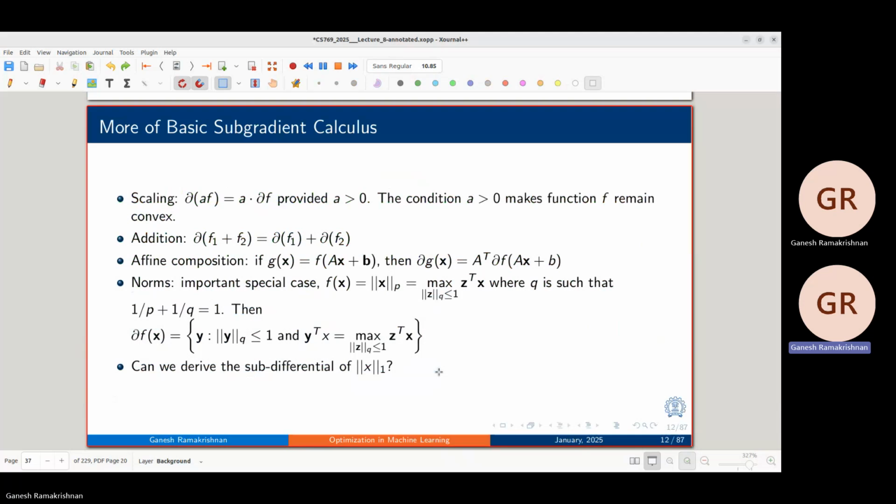Next class, we'll show how this gives you some very strong tools to show sufficient conditions for minima of non-differentiable convex functions. So this doesn't get simpler than this. Okay, so this is the homework. Can you derive the subdifferential of one norm of x? Understand this connection between Holder's inequality and this. Any questions?